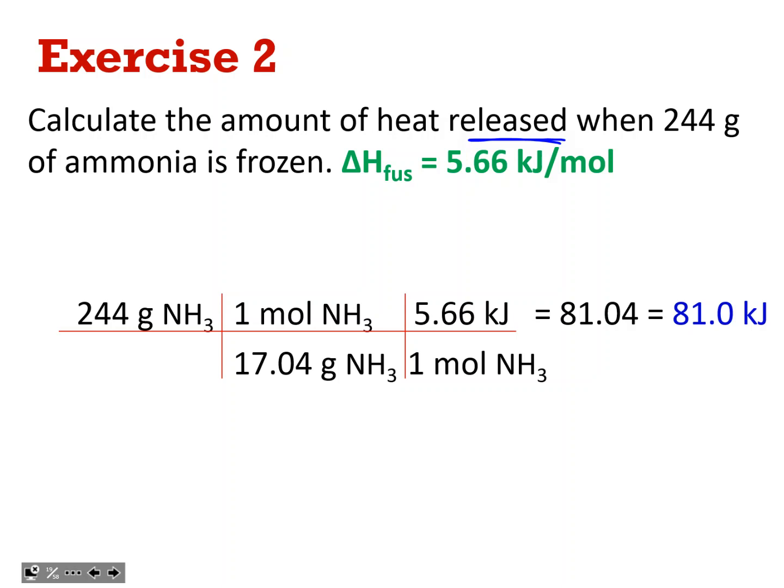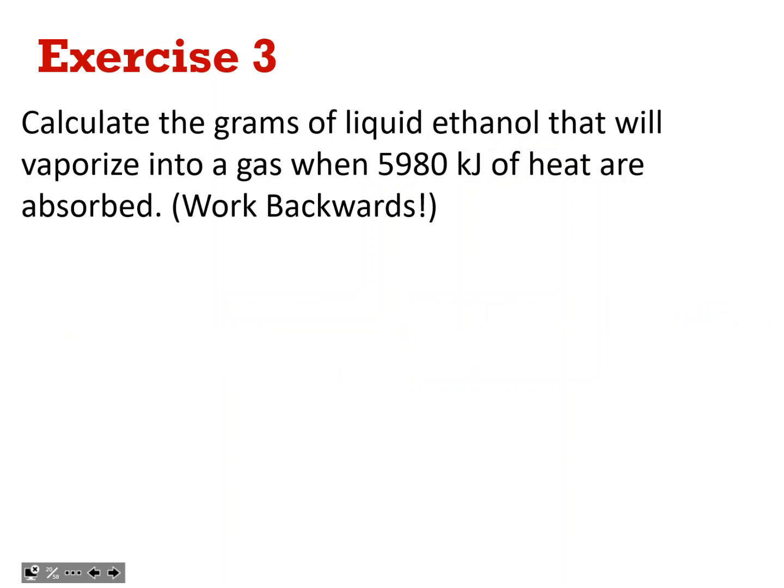They could also give it to you backwards, right? Where they give you the heat and they want to know how much can be transformed from that heat, the phase change. So here we have: calculate grams of liquid ethanol that would vaporize into a gas when 5,980 kilojoules of heat are absorbed.